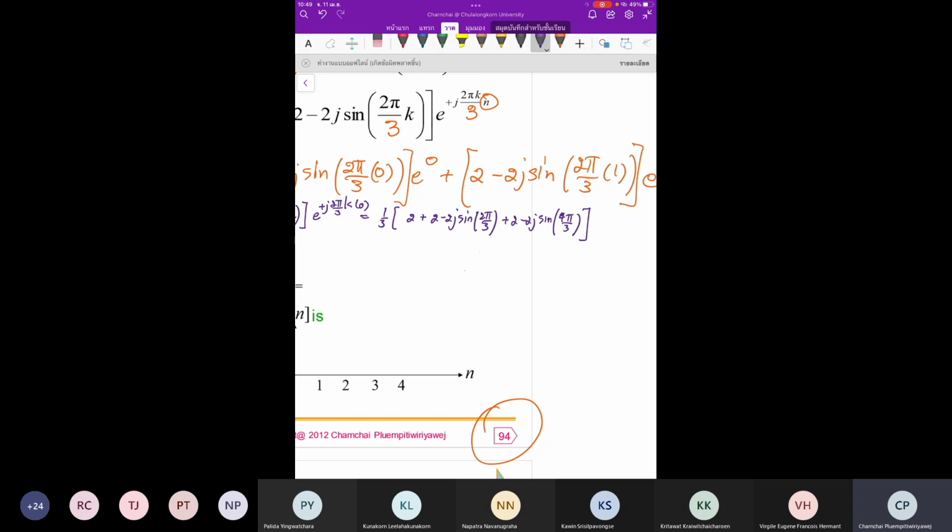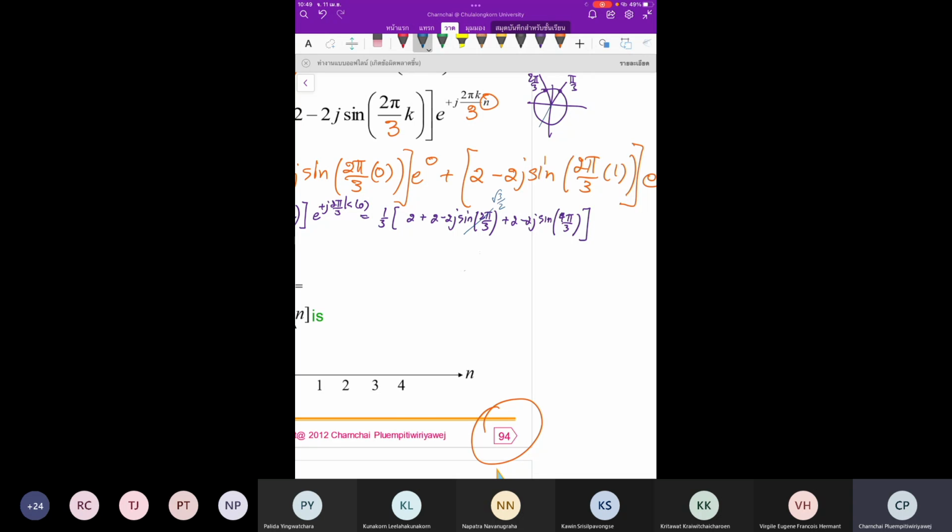How much is sine of 2 pi over 3? This is pi over 3, right? 2 pi over 3 is here. So it's square root 3 over 2, right? Yeah, that's square root 3 over 2.